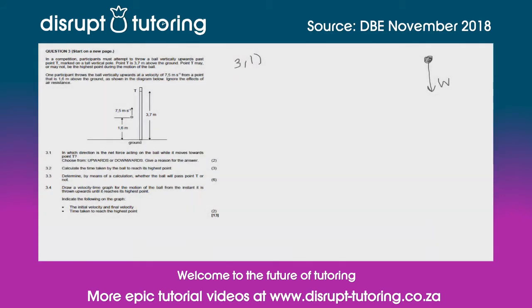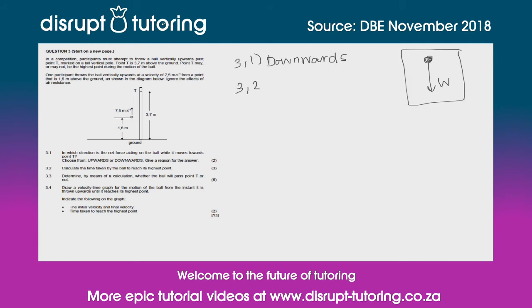So the resultant force is overall downwards. This is your free body diagram that you'd draw, and basically say that the resultant force is the weight force, which means it's overall downwards because weight always acts downwards.